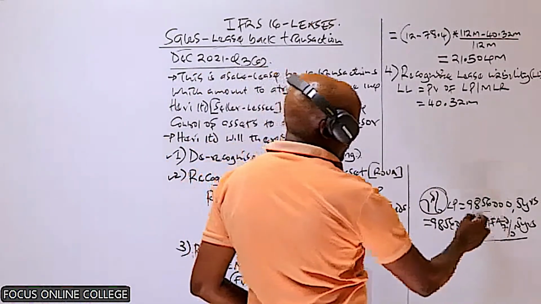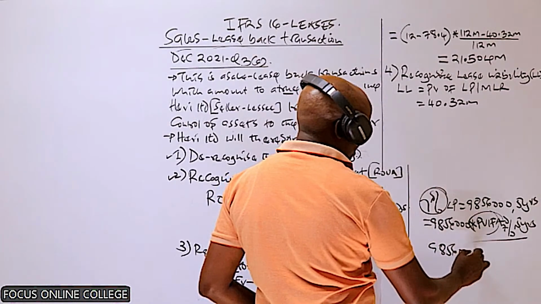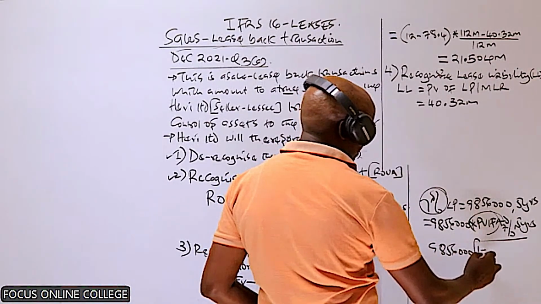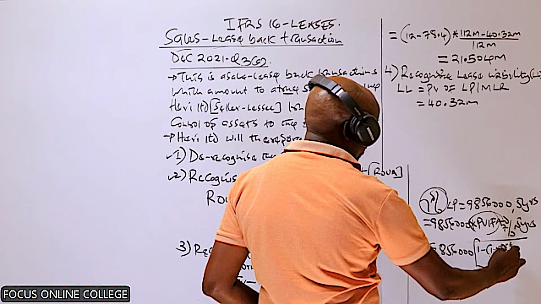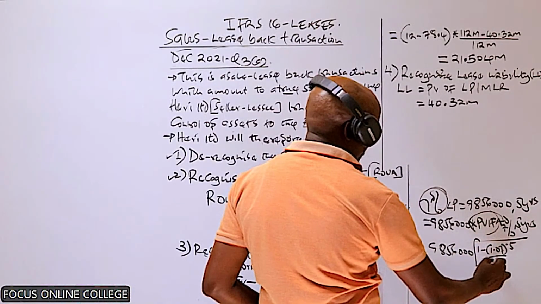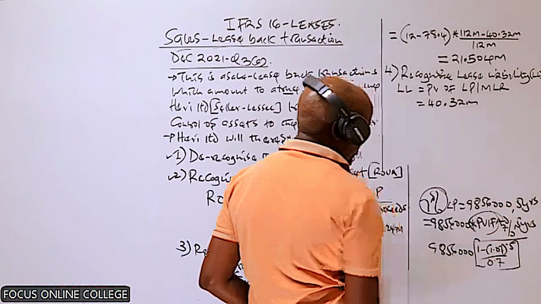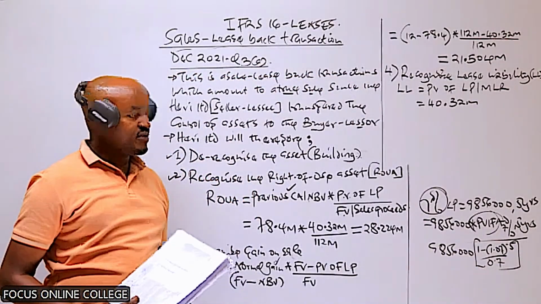So remember the formula for computing this. You should take 9,856, and then the formula here is 1 minus 1.07 raised to power negative 5, all over r, which is 0.07. Can you confirm whether that will give us the figure we have up there, 40.32 million?